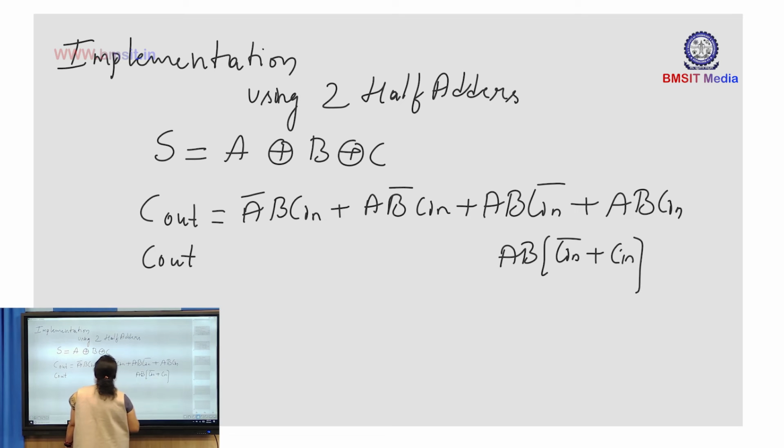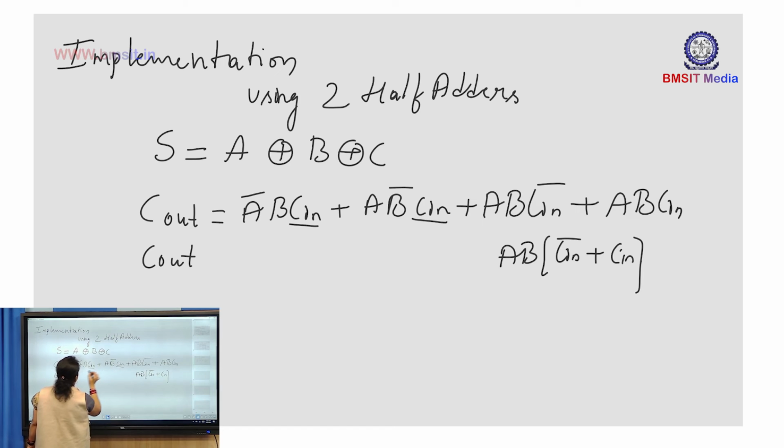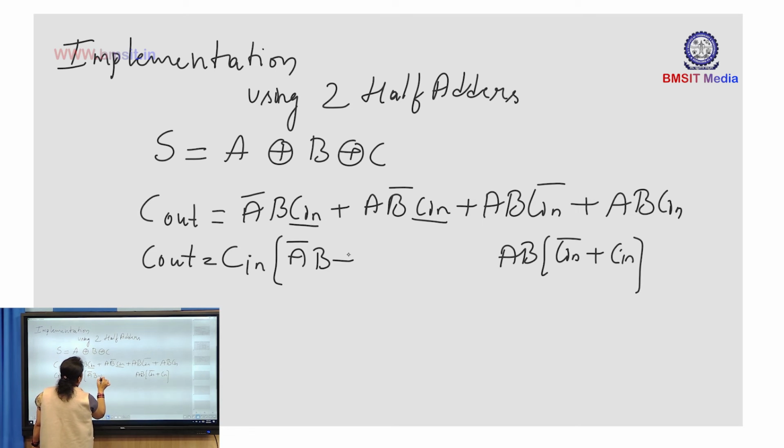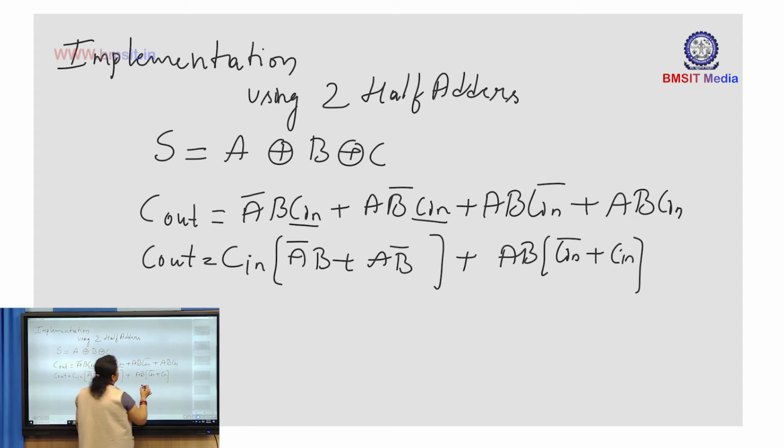The first 2 terms, what can be common? C in is common. So if I take C in as common, you will be getting A bar B plus A B bar. Now one of the logical rules says C in plus C in bar is 1. So here I will be getting AB.